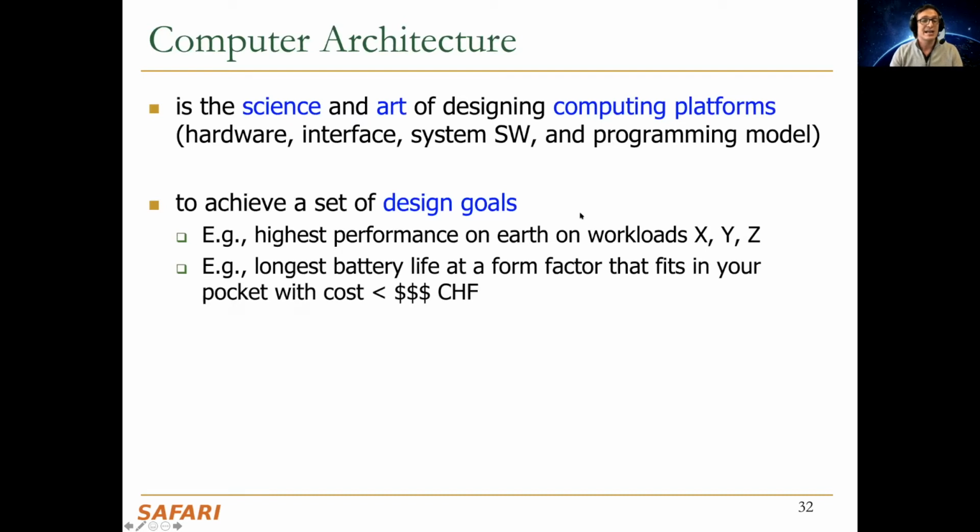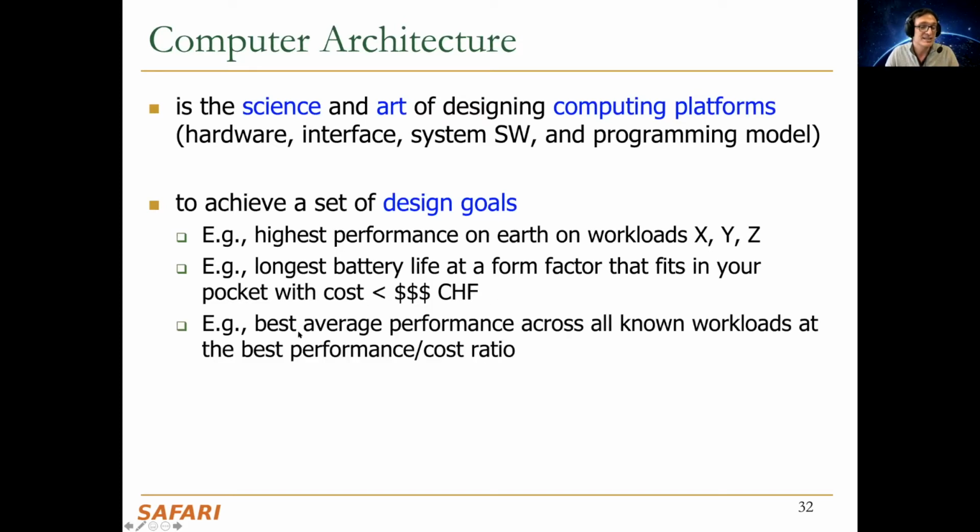And then another design goal could be, I would like to achieve the longest battery life at a form factor that fits in your pocket with cost less than some number of Swiss francs, or whatever your favorite currency is. Now, this sounds like a mobile system, but a very different design point than the supercomputer, right? Supercomputer doesn't have to fit in your pocket, for example. So it has very different thermal and energy and power and cooling requirements compared to your cell phone, let's say.